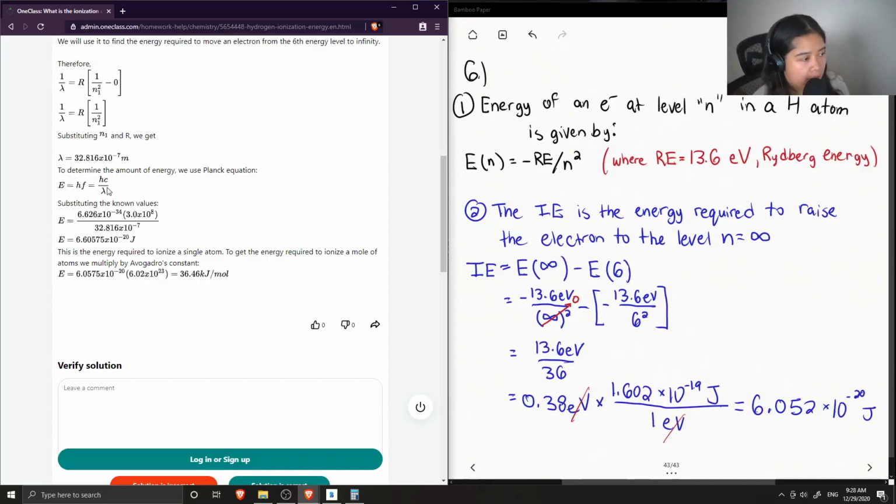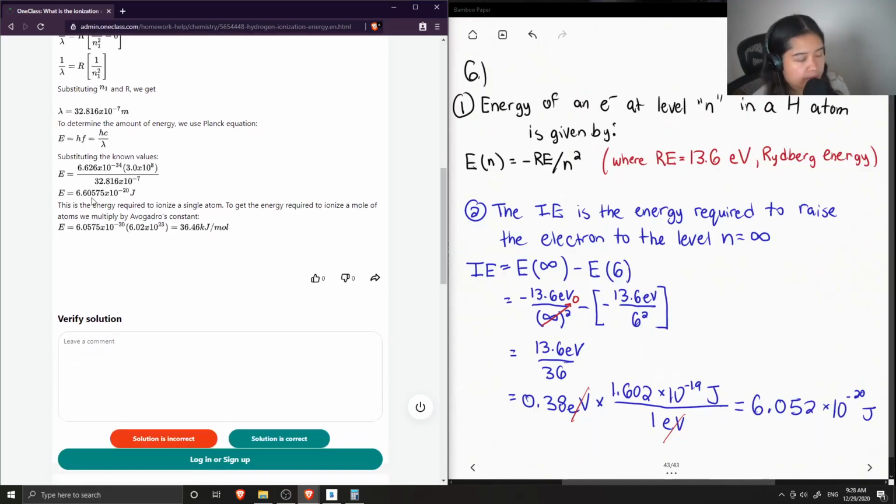C is another constant, which is the speed of light, 3 times 10 to the 8. And then lambda is what they found in the previous step. And they got the same answer, around 6.05 times 10 to the negative 20 joules.